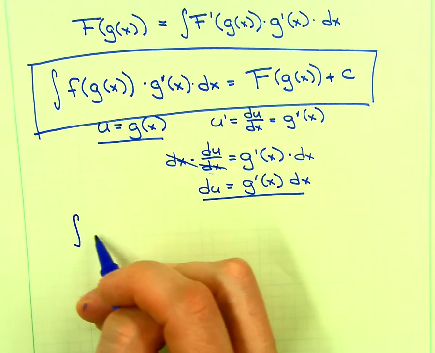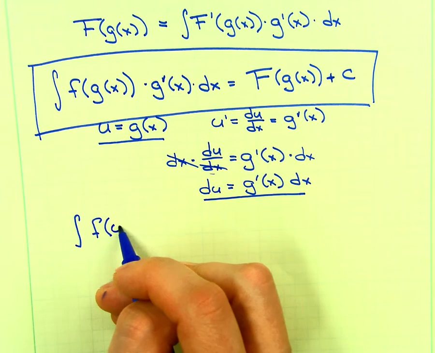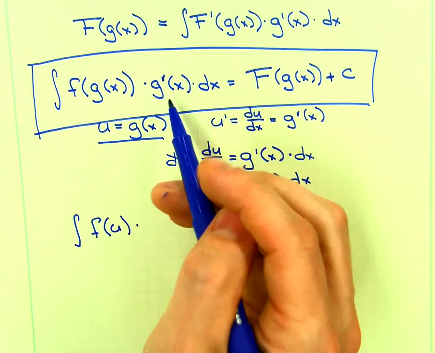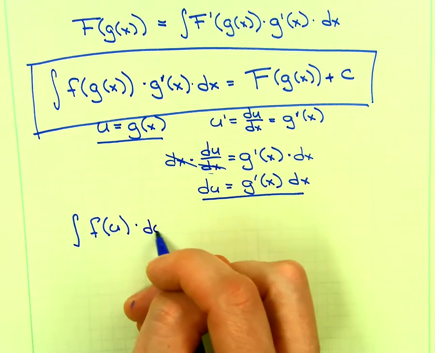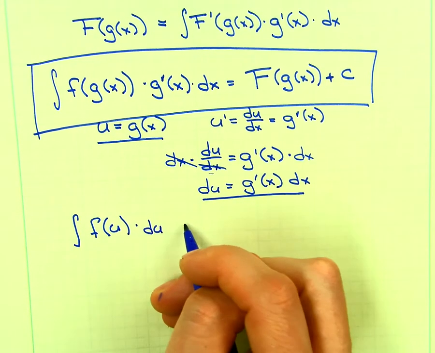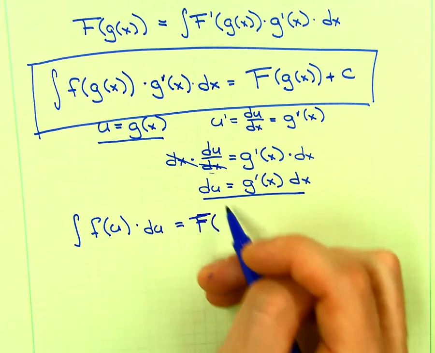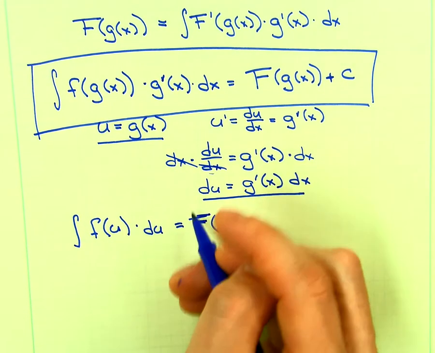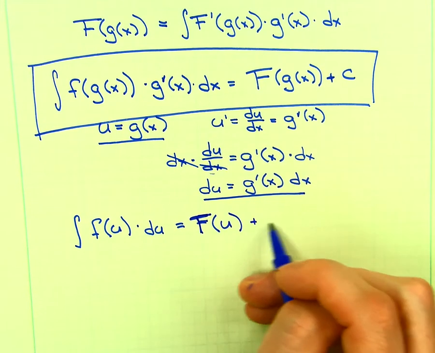So the same function I can rewrite as lowercase f of u, and now I've got g prime of x dx, which is right here, so I'm just going to say this is equal to du. And this is going to be equal to capital F of, and not g of x, once again, I'm replacing g of x with u, so capital F of u plus c.